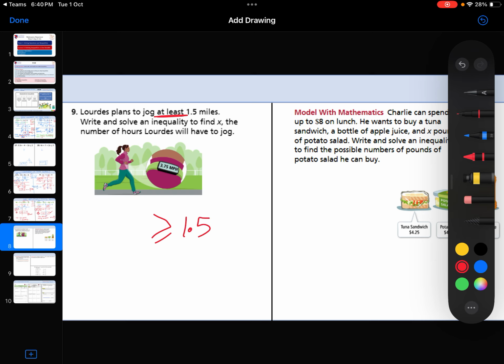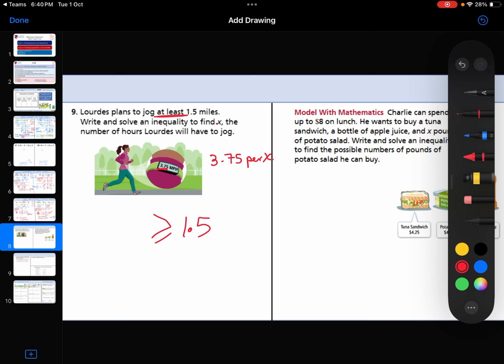Right, first of all, write this information down. Write and solve an inequality to find x. What is x? The number of hours she will have to jog. They're saying that she jogs 3.75 miles per each hour, and x represents the hours.